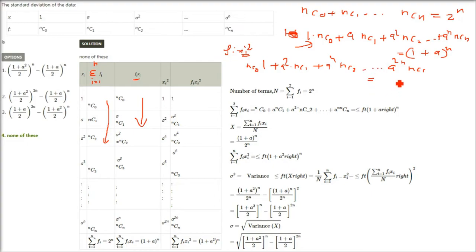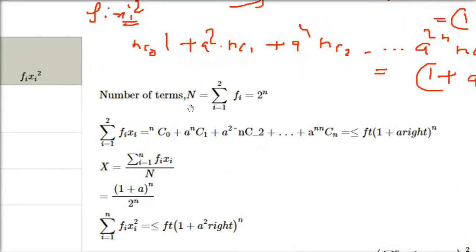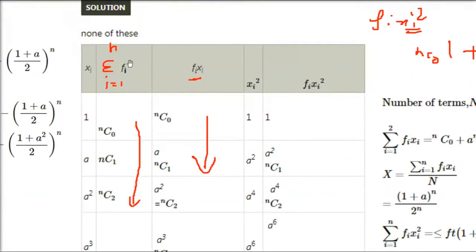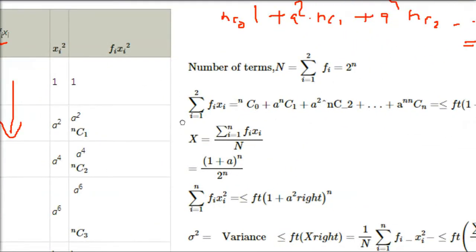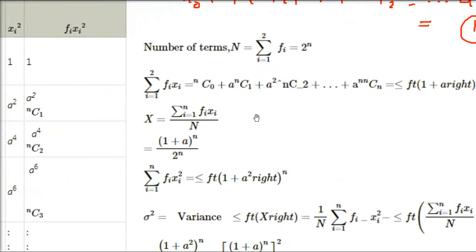Fi xi whole square. Okay, it's (1 plus a square) whole to the power n, right? Okay, sigma fi, let me revise it. The sigma fi is 2 to the power n.